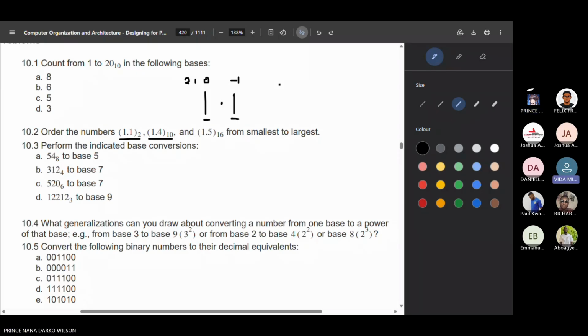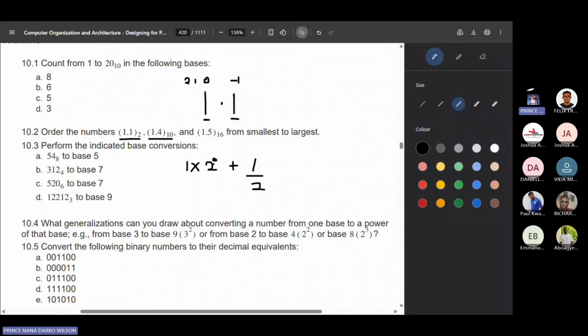Good. So now that we have done the power assignments, we can just convert the number places. So this will be 1 times the radix, which is 2 to the power 0. And we know 2 to the power 0 is the same as 1. So that's basically 1 times 1. And then this one, on the other hand, is 1 times 2 raised to the power -1, which is the same as 1 times 1 divided by 2.